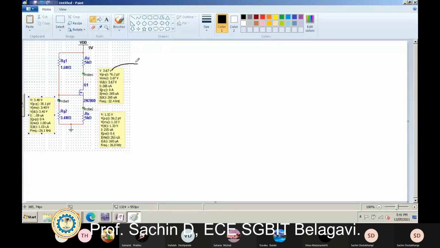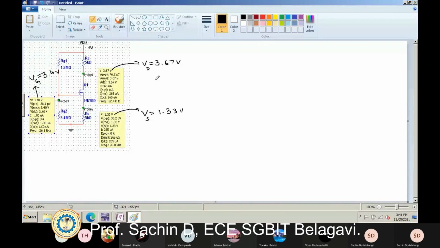Here it is given V equals 3.67. If it is not visible, I am writing it here. Here V is VD and this is VS, and it is 1.33 volt. And here you can see VG, gate voltage, it is given 3.4 volt.